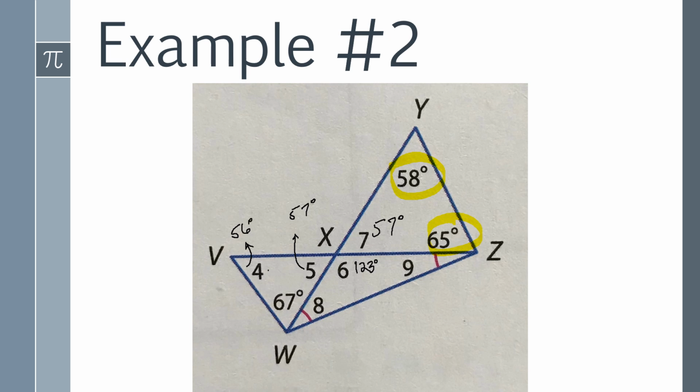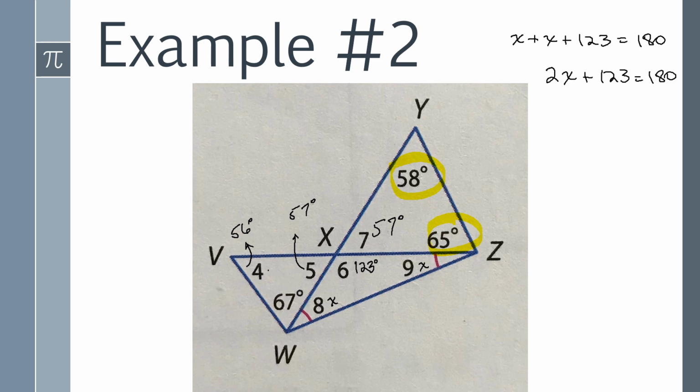So my only two angles left to figure out are angle 8 and 9. Well, I know these two are equal. So I'm going to make them both x, and I'm going to use algebra to figure out what that is. So I know that angle 8, which is x, plus angle 9, which is x, plus 123 adds up to 180. So I get 2x plus 123 equals 180.